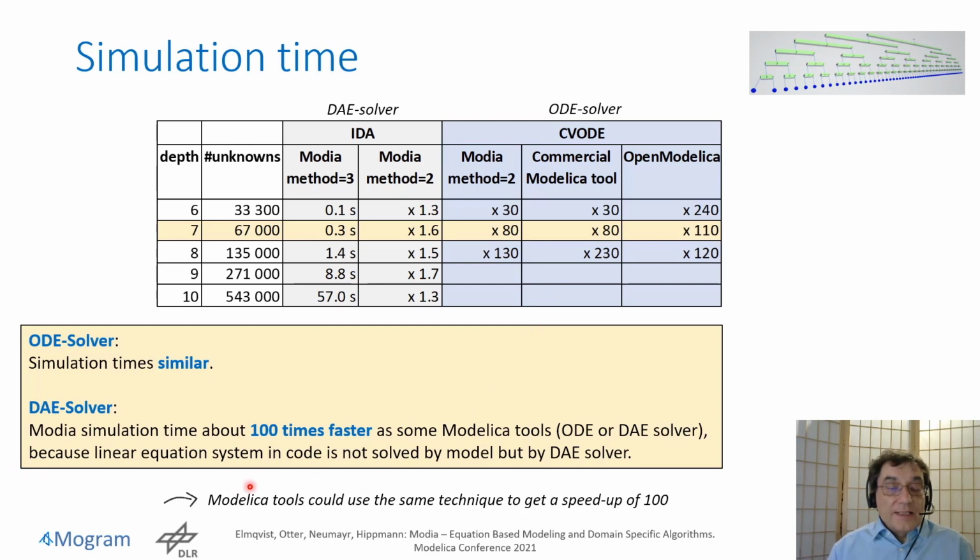The reason for this is that in the model there's a large linear equation system, and Modia has a new technique that whenever a DAE solver is used, then linear equation systems in the model are solved from the DAE solver if they have a certain size and not in every model evaluation. And this gives a huge speed up in these cases. So Modelica tools could use the same technique and could also get a speed up of 100.